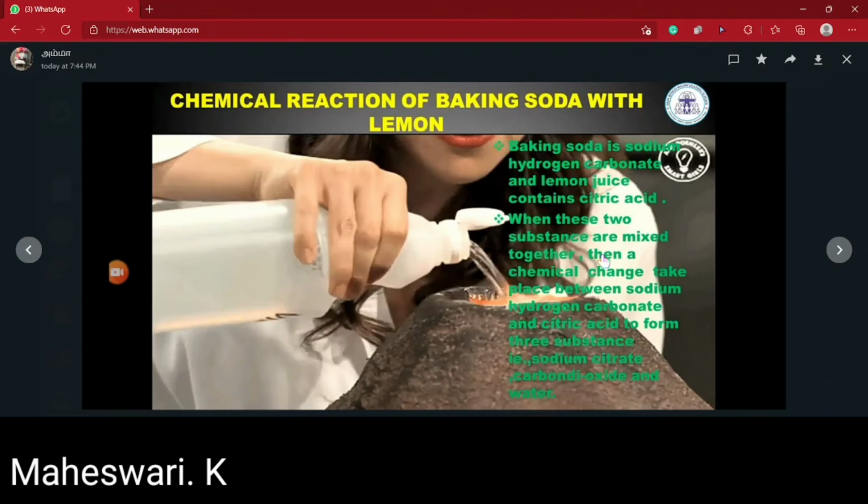When these two substances are mixed together, a chemical change takes place between sodium hydrogen carbonate and citric acid to form three substances: sodium citrate, carbon dioxide and water.